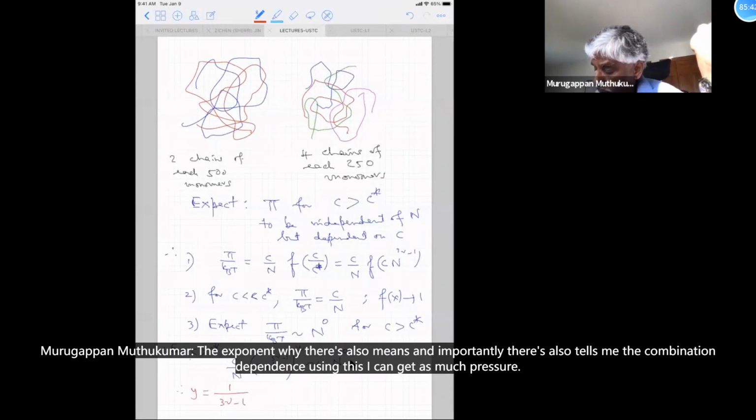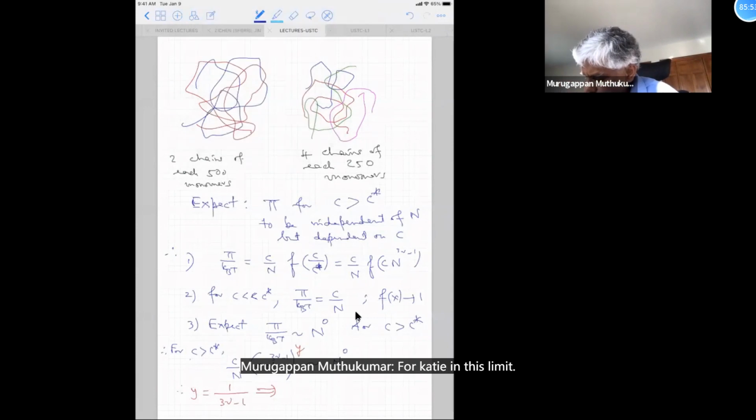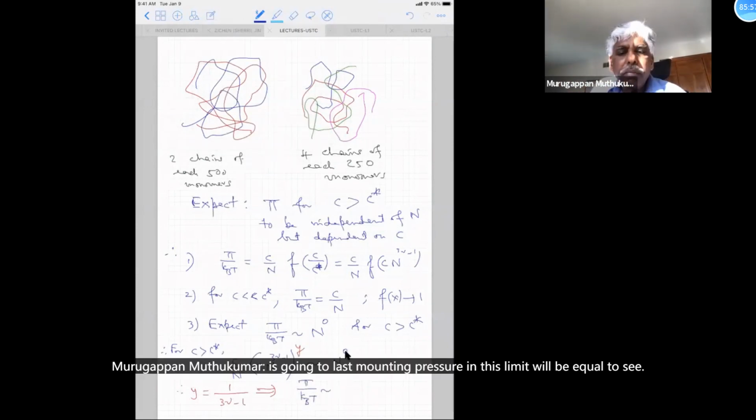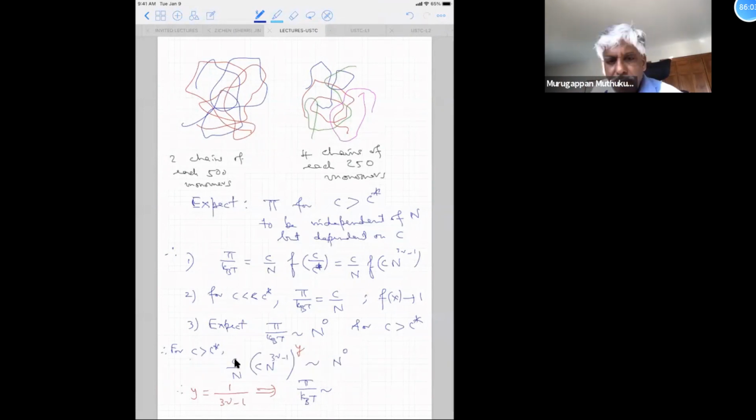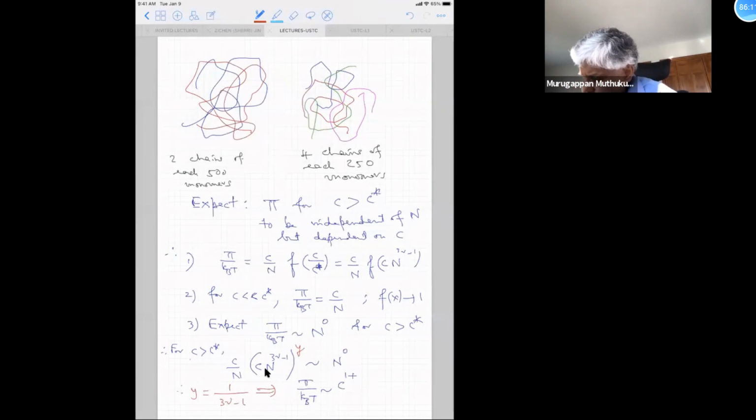This also tells me the concentration dependence. Using this, I can get the osmotic pressure over kT. In this limit, the osmotic pressure will be equal to C, one factor of C here, and then here you have C power y.